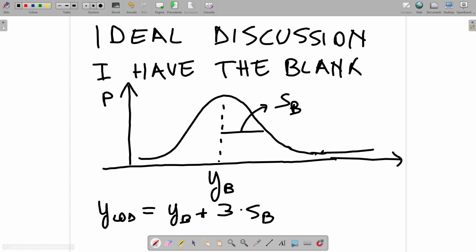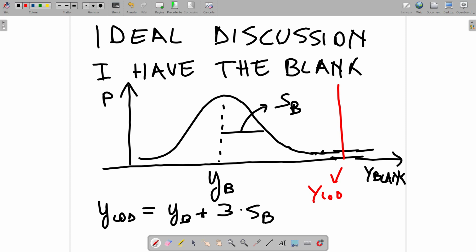But here I have the signal of the blank, and suppose that here I put, I want to write it in red, the minimum signal that I decide is high enough above YB. Okay?